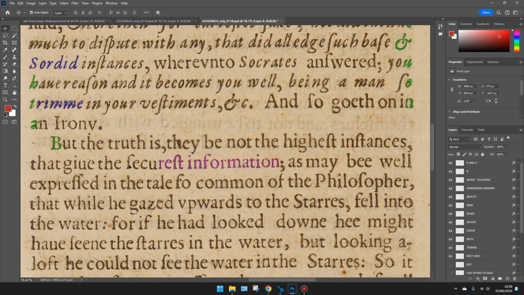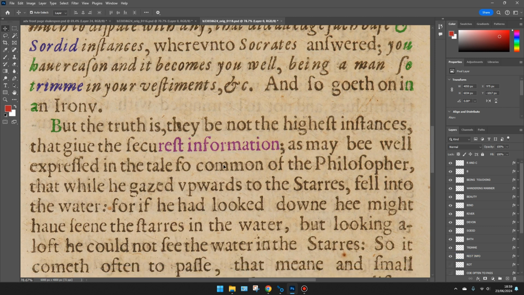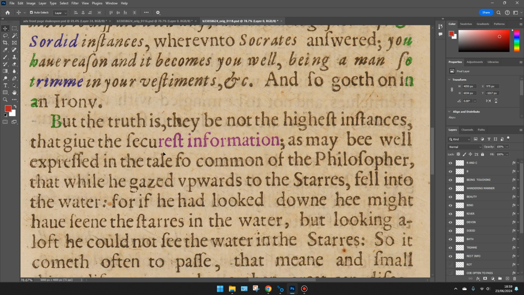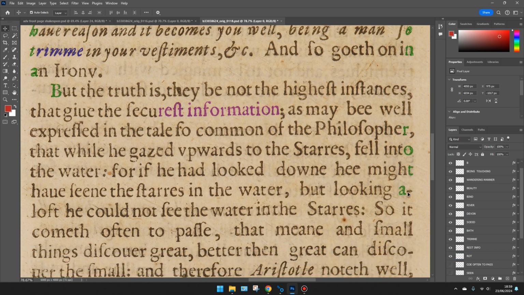Now down here we have this highest instances that give the securest information, and I worked at this for a little bit of time before I realised it was just like rest information. And we've had this a little bit before, because we have this word rota, and rota can be where we get the word wheel from, but rota also means a schedule.